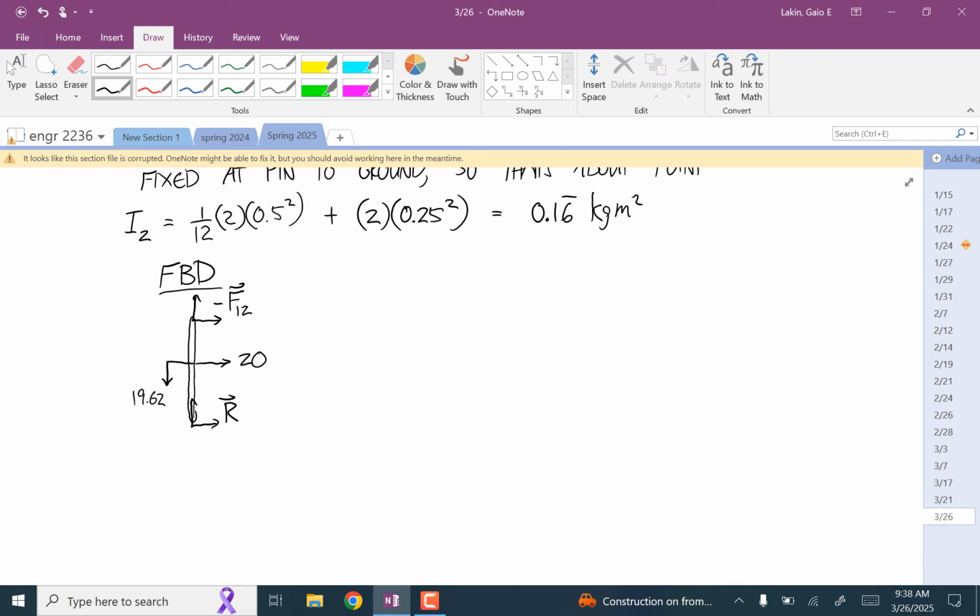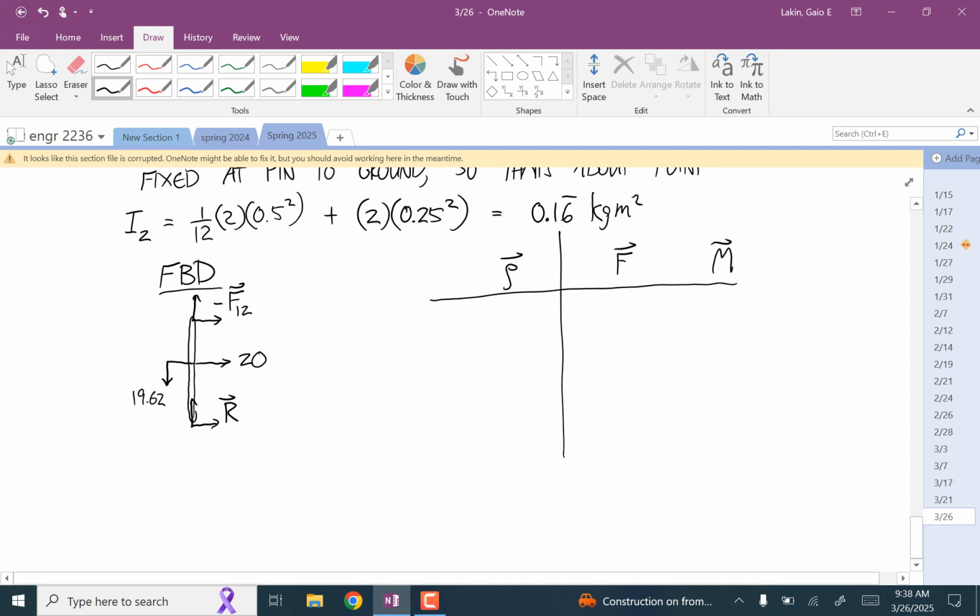So now we're going to go to the table. I'll start with the weight. Actually, let me start with R. And I'll just work my way up.